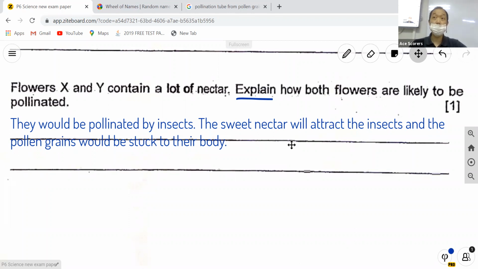They need the pollen grain as food, and therefore the pollen grains will be stuck to their body. That's it. Simple. It's just 1 mark, so a simple explanation will do.